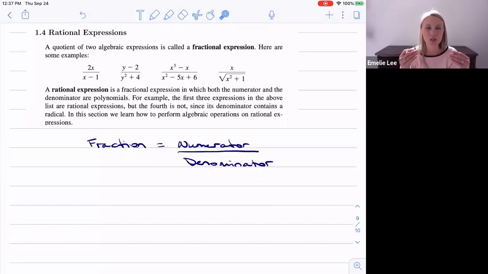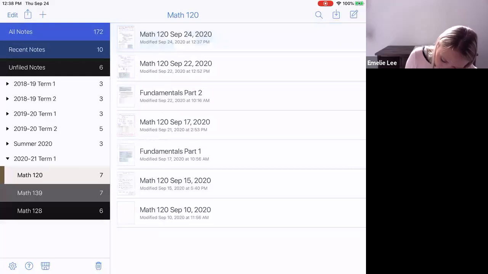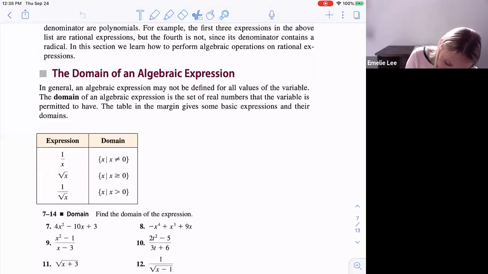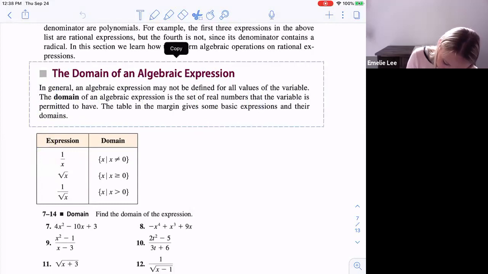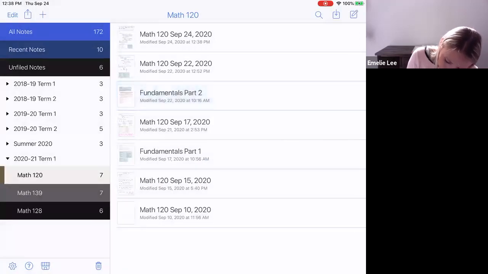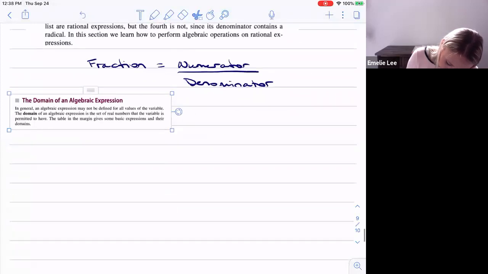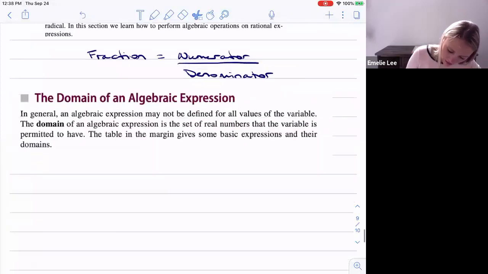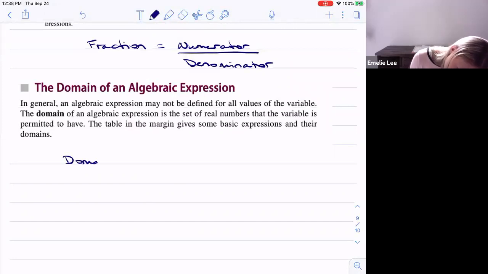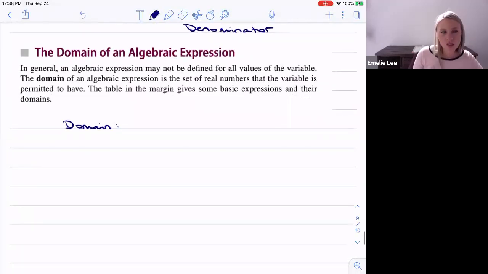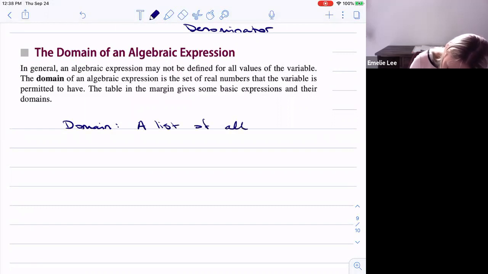The domain is just all the possible inputs, and usually we just highlight the inputs that we can't have. So the domain is essentially a list of all the numbers, a list of all possible inputs.